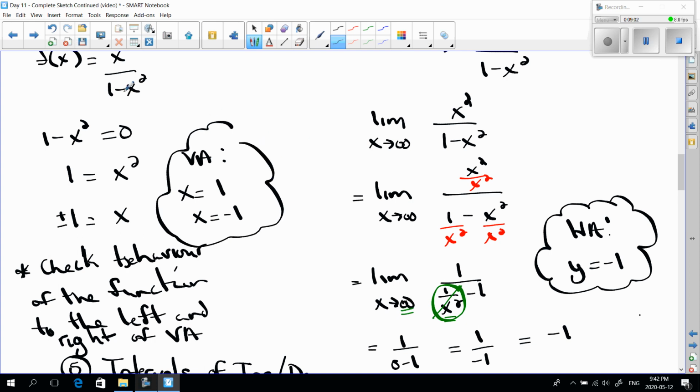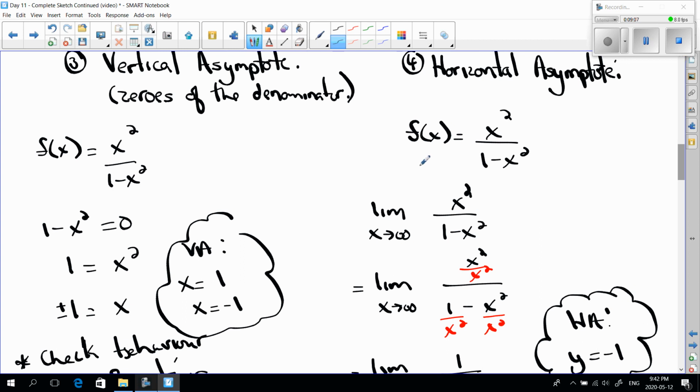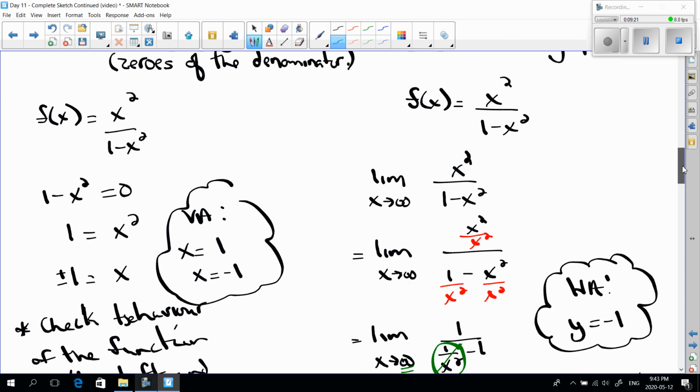So vertical asymptotes are the zeros of the denominator. For the horizontal asymptote, we're calculating the limit as x approaches infinity of the original function. And by a similar process, if I approach negative infinity, I'd also get negative 1 as well. There's only one horizontal asymptote in this question.